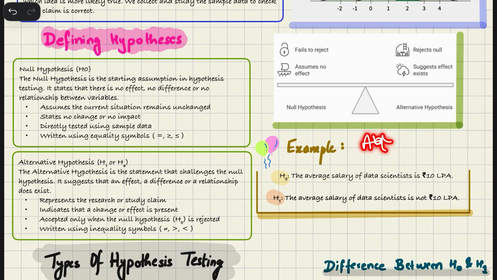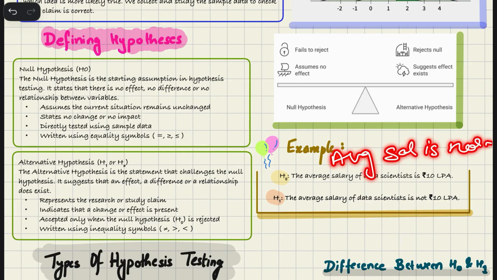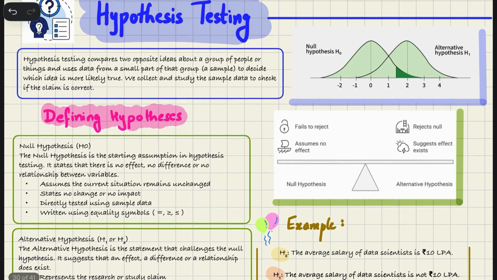So average salary is equal to 10 LPA. You see we have an equality sign, and in H1 we'll just write not, that average salary is not 10 LPA. That is how you write. This is the example of how H0 and H1 work.